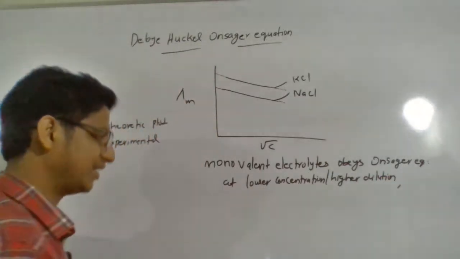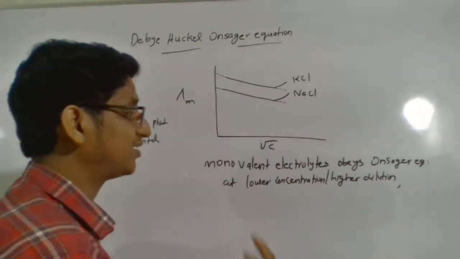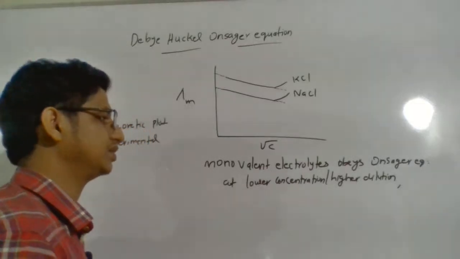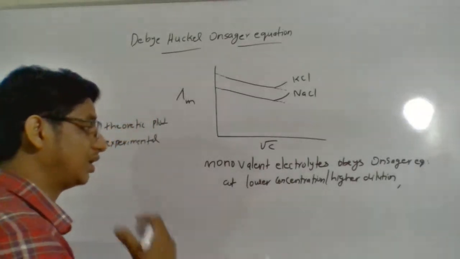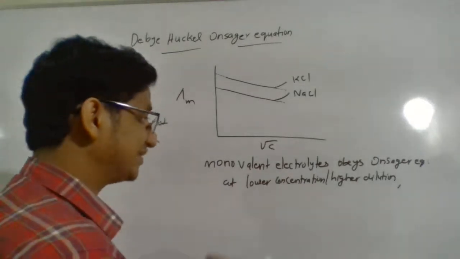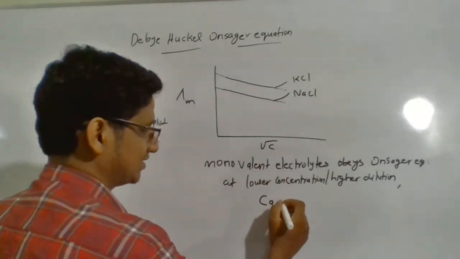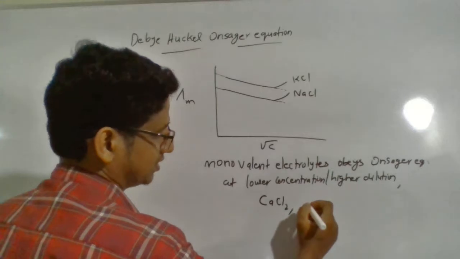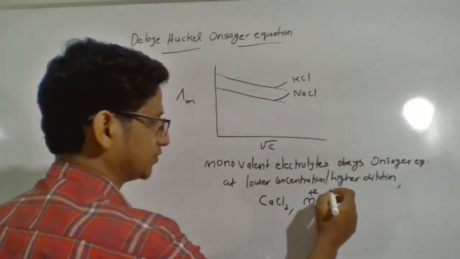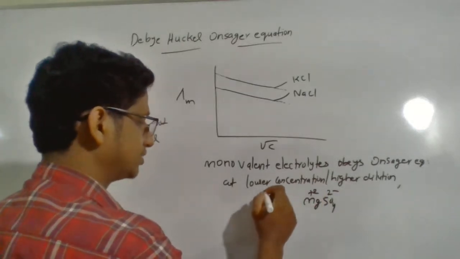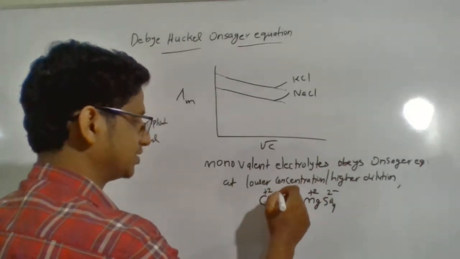Now for a high-valent electrolyte like CaCl2, this is not monovalent, it's a higher-valent electrolyte, or MgSO4, where the charges will be 2 plus and SO4 2 minus, or Ca 2 plus and 2 Cl minus.